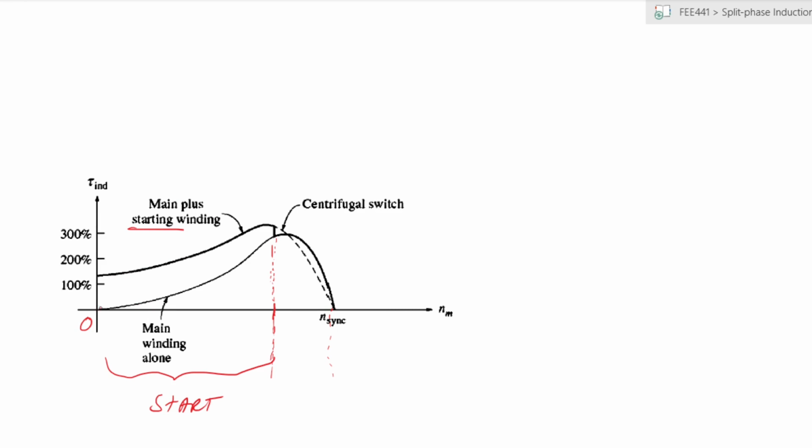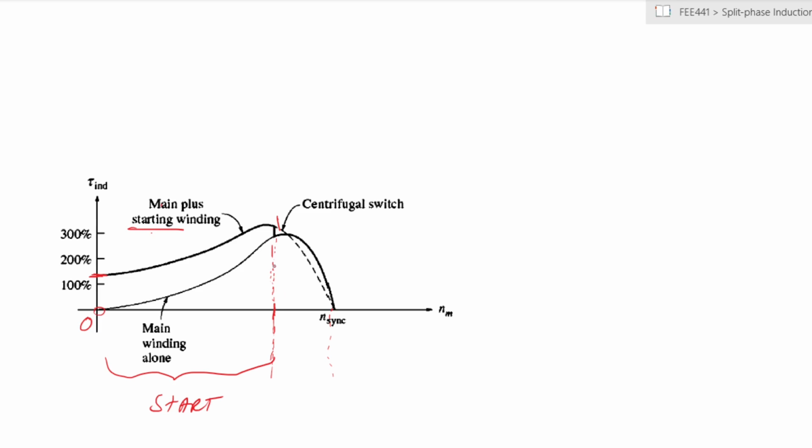If we were to only have the main winding alone, remember, you would not be able to generate any torque at the start. However, because we have the main winding and the starting winding, you are able to have some torque at the beginning, and until the point where we feel we have attained enough speed, we will retain the main and the auxiliary both within the circuit.